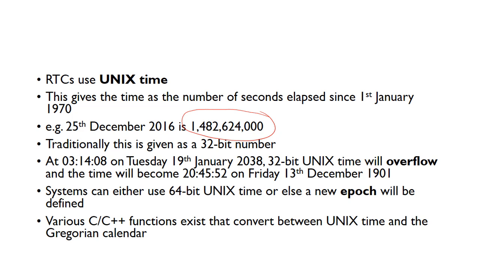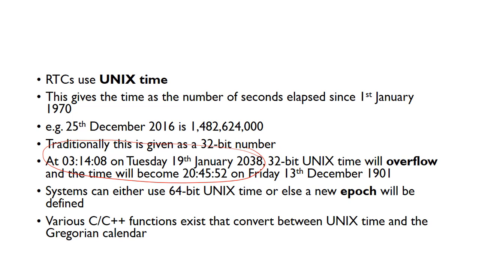So traditionally this number is stored as a 32-bit number, stored in binary. But that actually means that sometime in 2038, the 19th of January 2038, the time in this counter is going to overflow. So it's a 32-bit counter, so it'll be counting up, and at this time that timer will overflow.